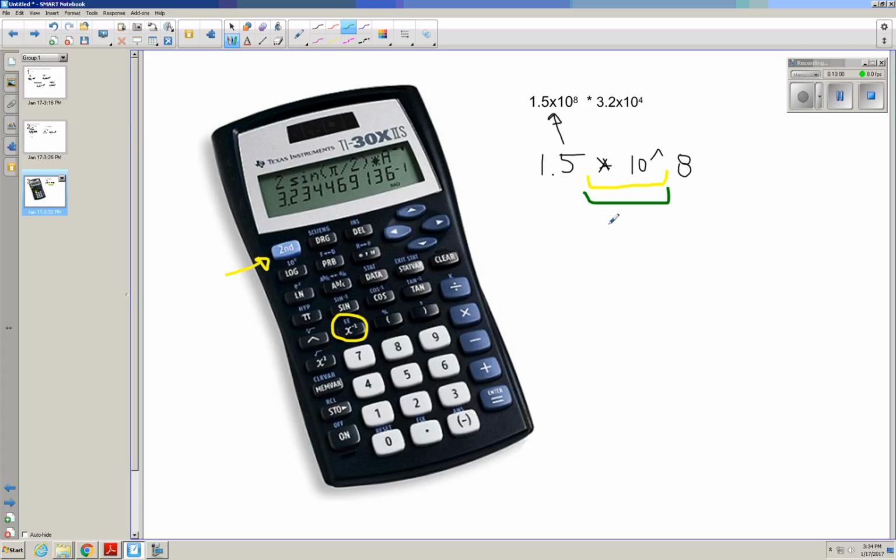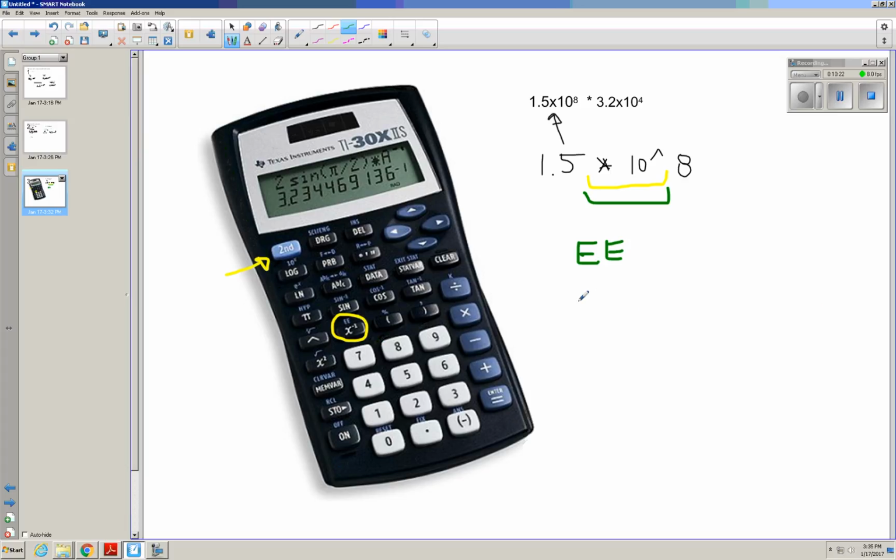So not only that, but if you want to do more complicated problems like dividing numbers with scientific notation, you don't have to use parentheses anymore, right? So let me just show you how this works. Obviously, some people have a calculator like this already. Some people have a calculator and it literally has a button that says EE. You don't have to go to second function first.